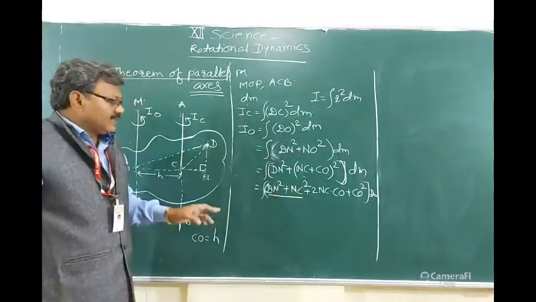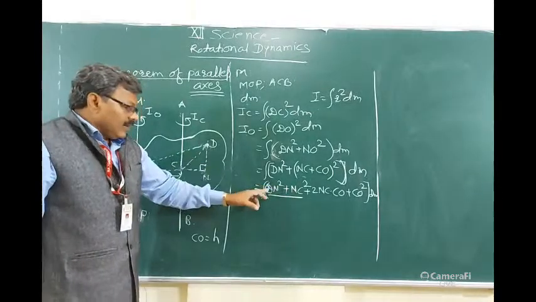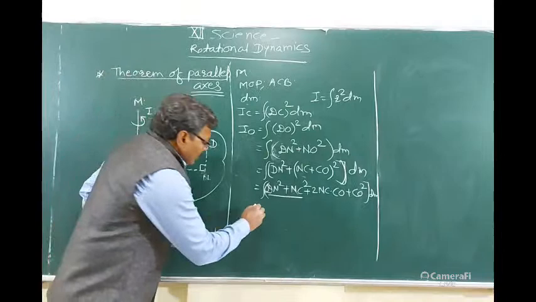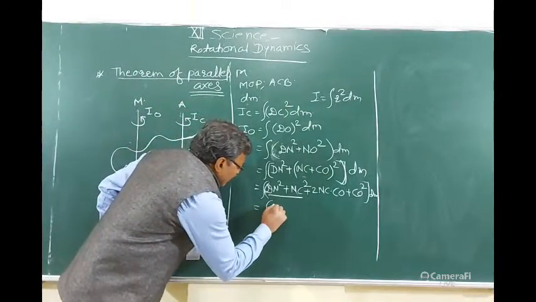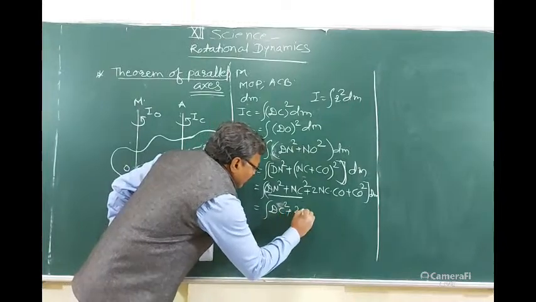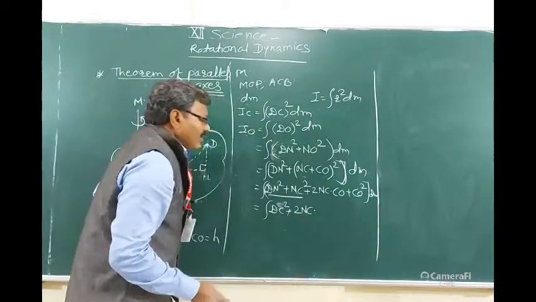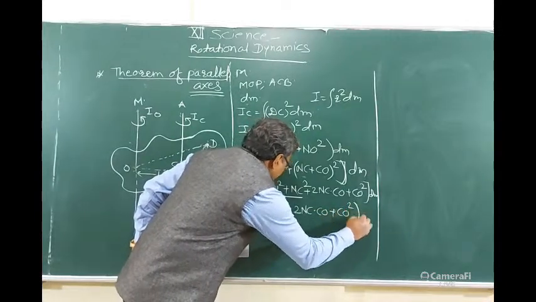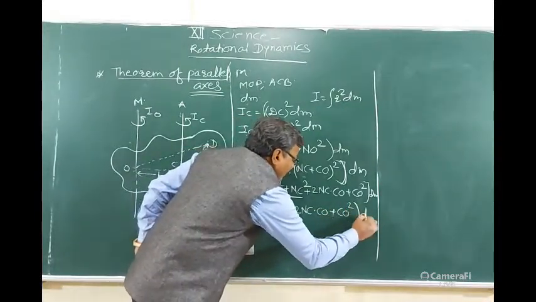Therefore, DN square plus NC square is replaced by the DC square. Therefore, we get DC square plus twice NC CO plus CO square into dm.